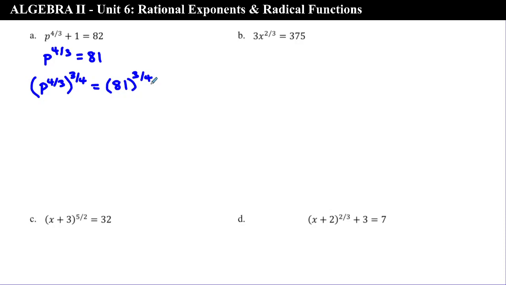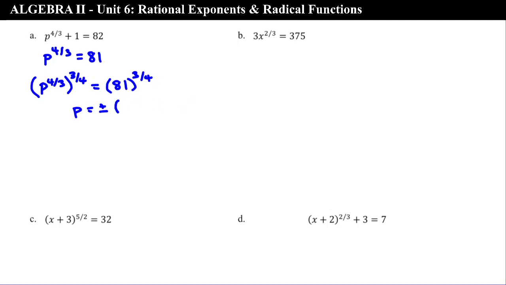Now, remember, the bottom number in your rational exponent is your index. So this is like saying we're taking the 4th root of 81 to the 3rd. Since this is an even index, we are going to have a plus or minus on our answer.